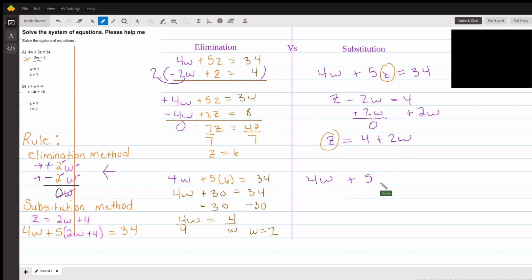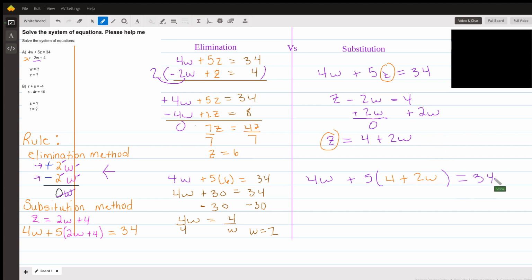And then for Z, I am not going to write Z because I know that Z is actually 4 plus 2W. Okay? That's why it's called substitution, like your teacher. One teacher leaves and another one comes in its place. Okay? So now I'm going to finish up equals 34.